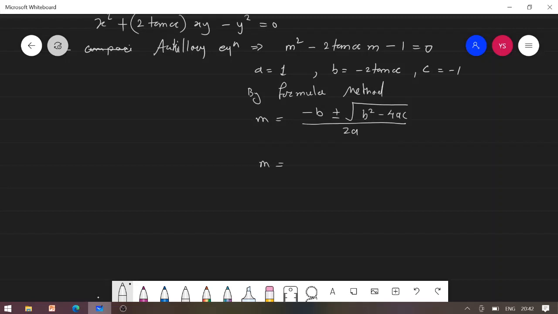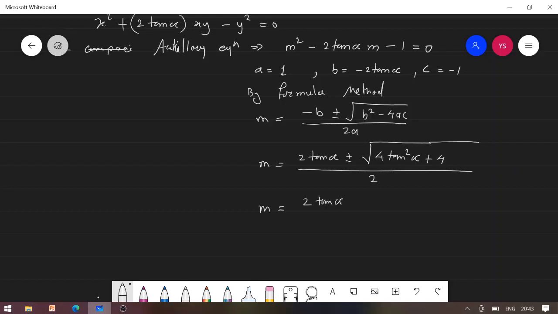Minus of minus becomes plus 2 tan alpha, plus or minus root of (2 tan alpha) squared, which is 4 tan squared alpha, minus 4ac, which is minus 4 times minus 1, so plus 4, all divided by 2. So m equals 2 tan alpha plus or minus, taking 4 common, 2 times root of tan squared alpha plus 1, divided by 2.